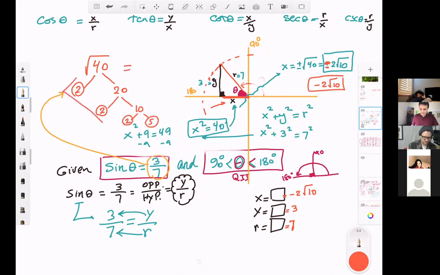For each pair of numbers, you leave one outside of the radical. Whatever number is left, which is 2 and 5, not a pair, we put inside. 2 times 5 is 10. So you get 2 root 10.